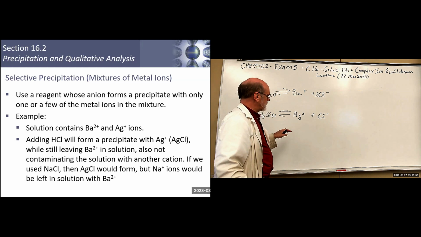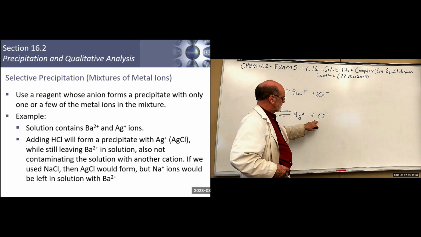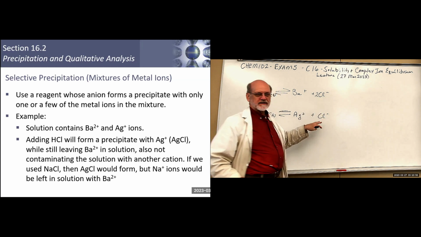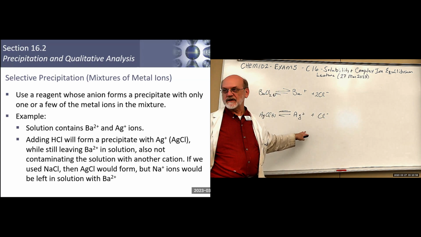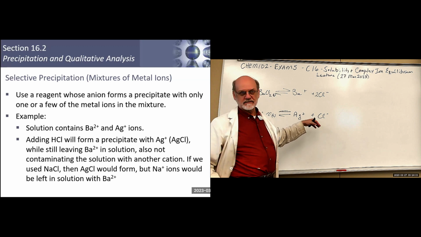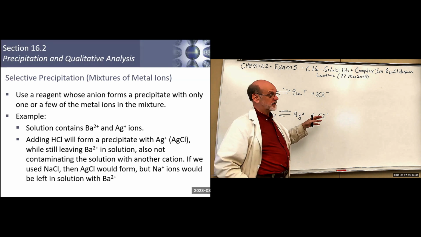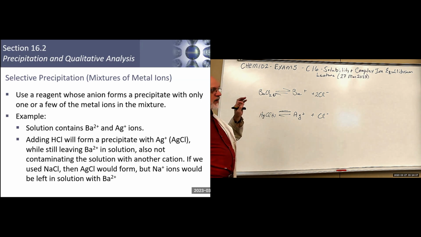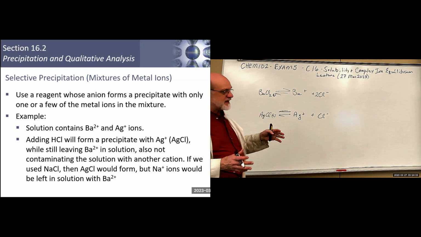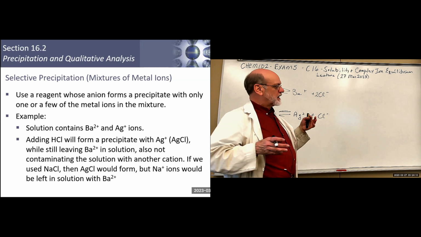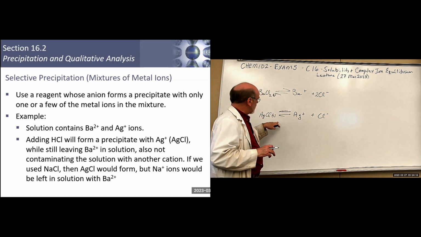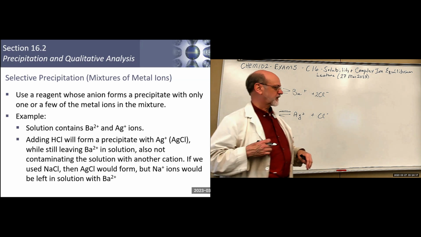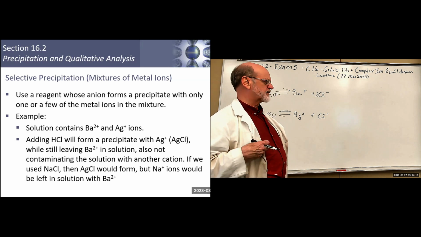It's important that we only use the anion, and we don't contaminate our mixture with another cation like sodium. Sodium chloride will contaminate what's left over. Silver chloride, if we add HCl to this solution, will precipitate silver chloride and leave barium chloride behind. Actually, barium chloride is soluble.